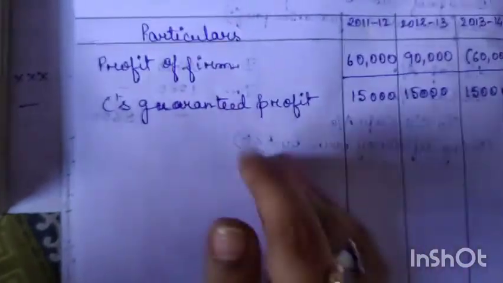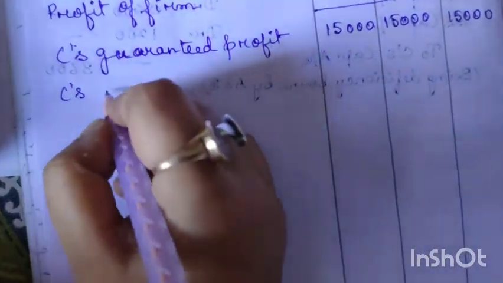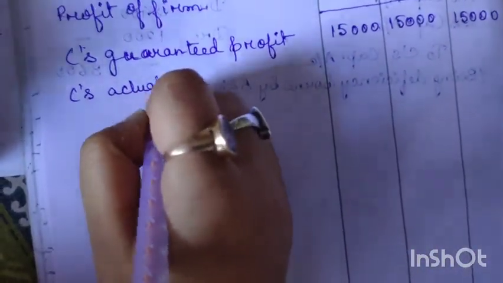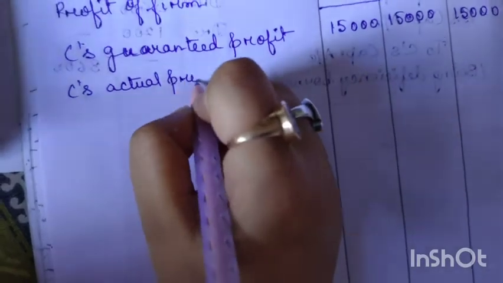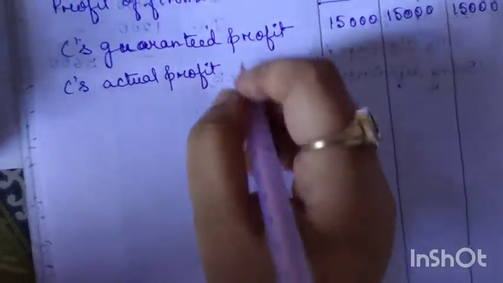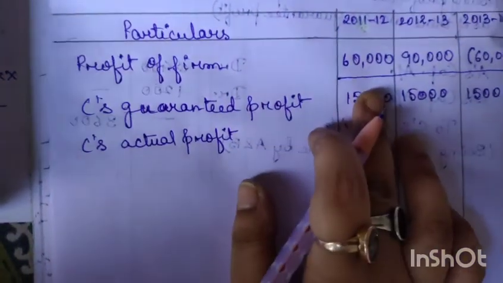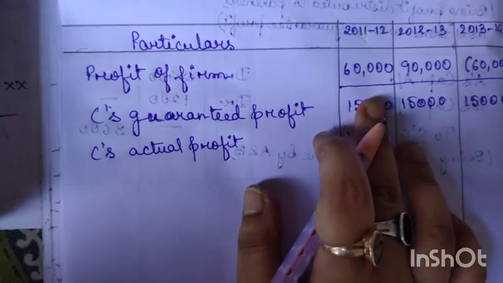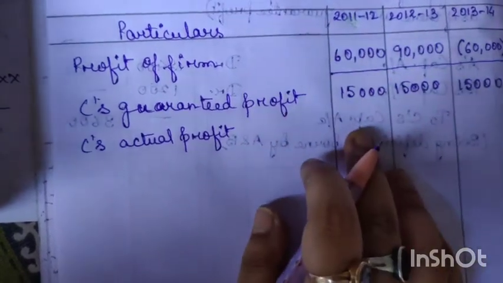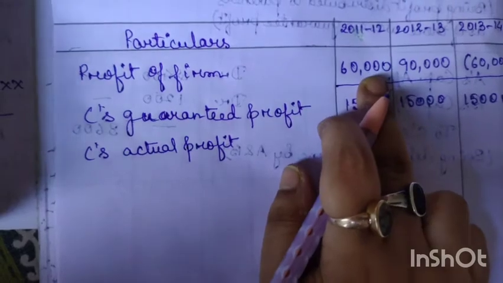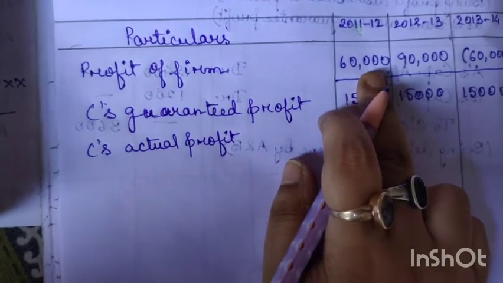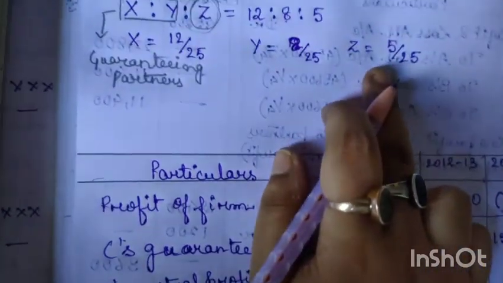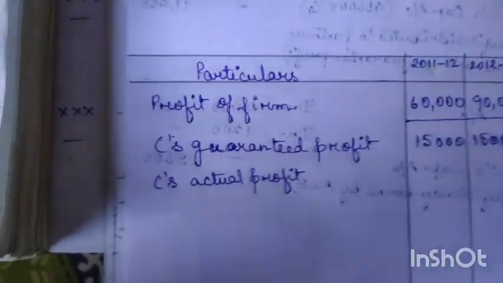Now we will calculate Z's actual profit. Okay, now in case 1, means in year 1, in the first year, that is 11 to 12, what was the profit of the firm? 60,000. That means 60,000 into 5 by 25.